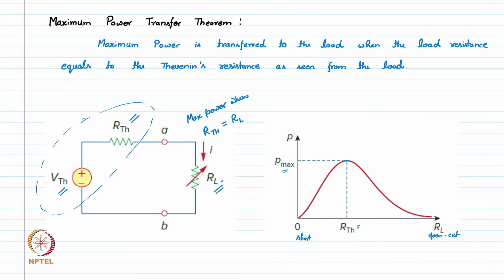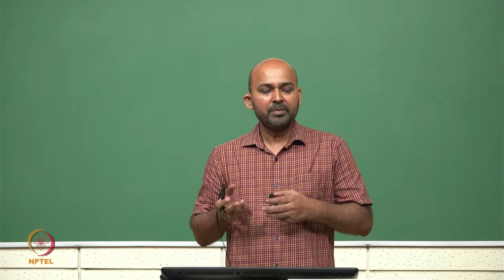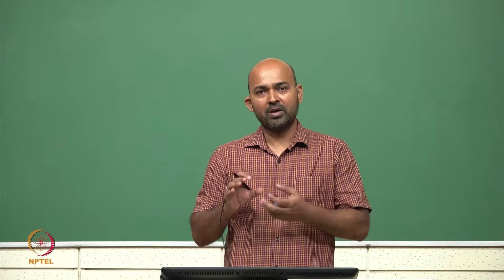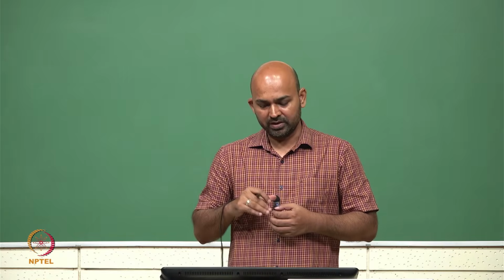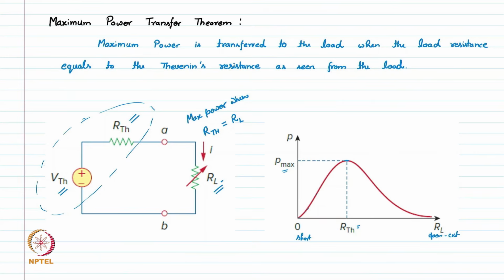So, here we can see we have the load resistance which we need to tune, because in many applications we want to achieve maximum power at the load, so that we can draw maximum power and transmit it over a distance. How do we do it?